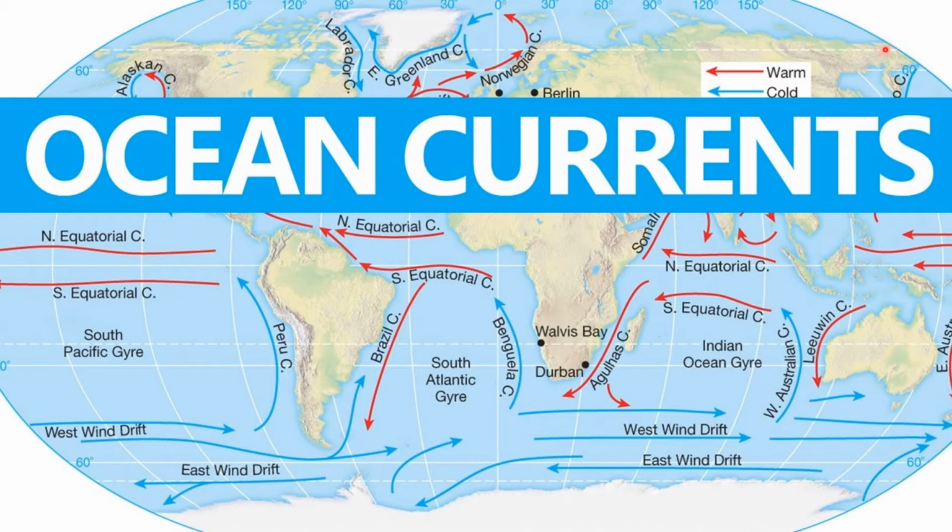The currents marked in red are warm currents and the currents marked in blue are cold currents. The cold currents are west wind drift, Peru current, east wind drift, West Australian current, and Benguela current.